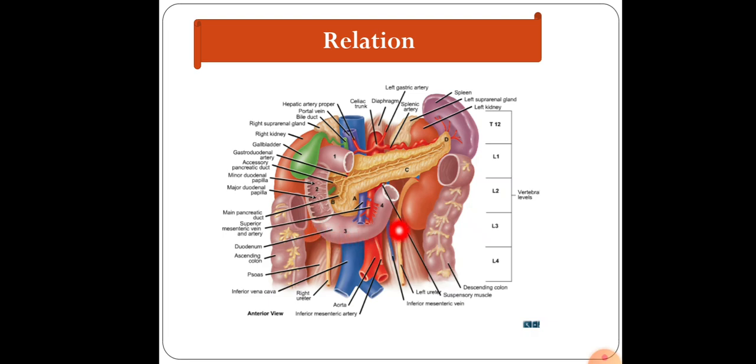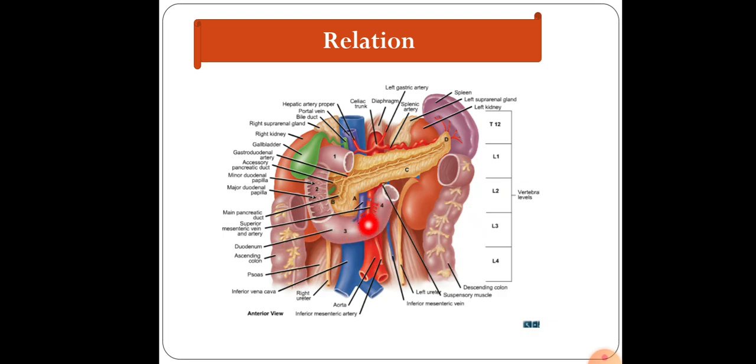The third part, or transverse part, is located at the level of L3, and it crosses the right psoas major, inferior vena cava, and abdominal aorta. It is related anteriorly to the coils of the small intestine.